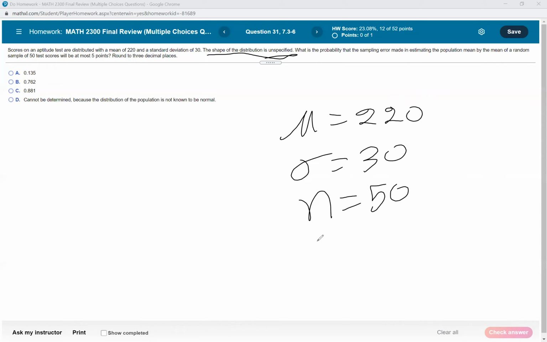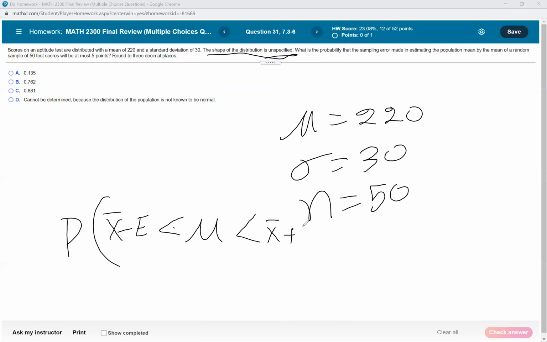That means, for the mean of a random sample of 50, the sampling error will be x bar minus E and x bar plus E, where E is at most 5 points.